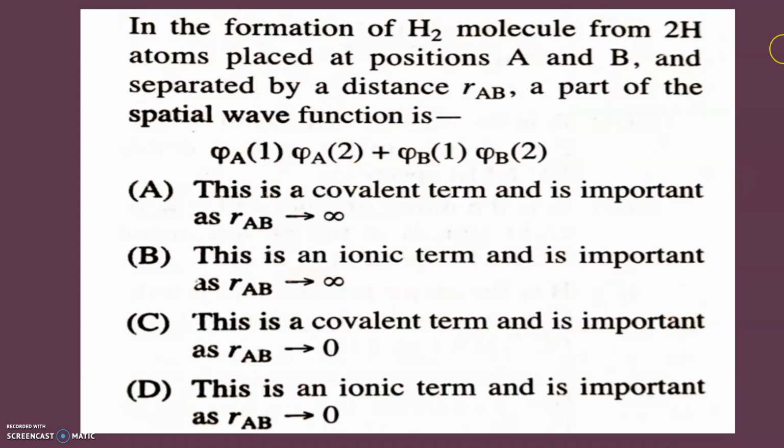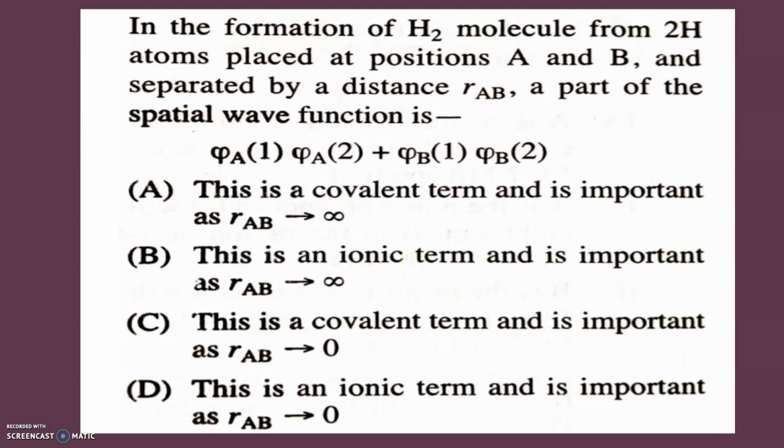Now the next question is, in the formation of a hydrogen molecule from two hydrogen atoms placed at positions A and B and separated by a distance RAB, a part of the spatial function is given. In the options they are asking whether it is a covalent term or an ionic term.